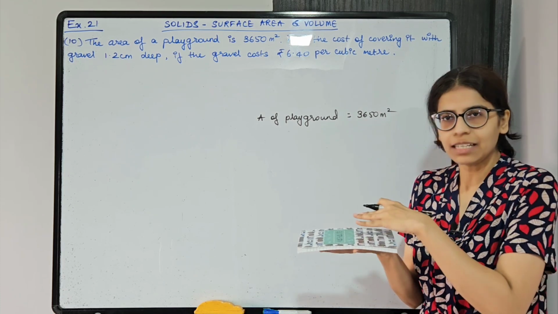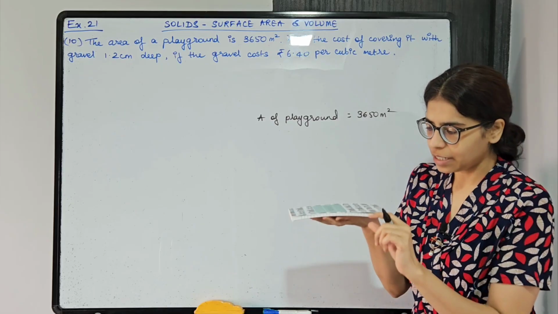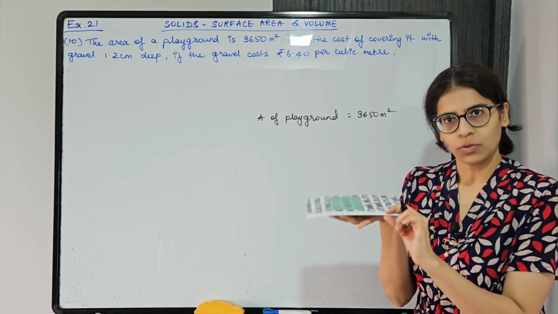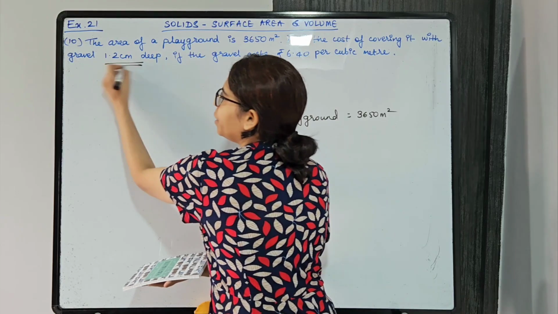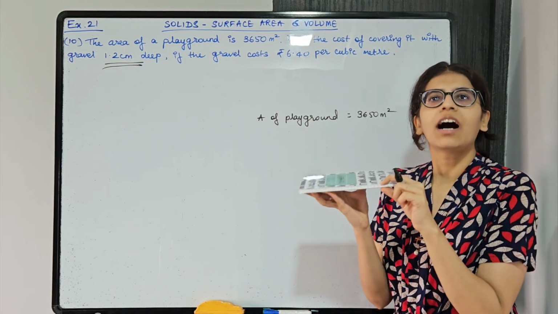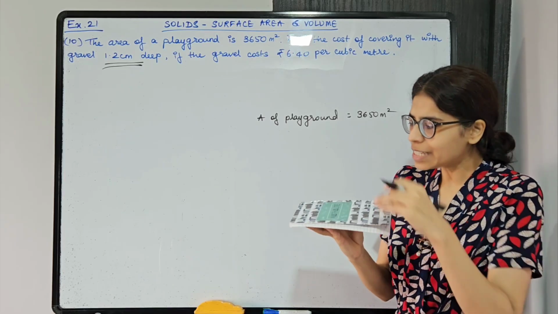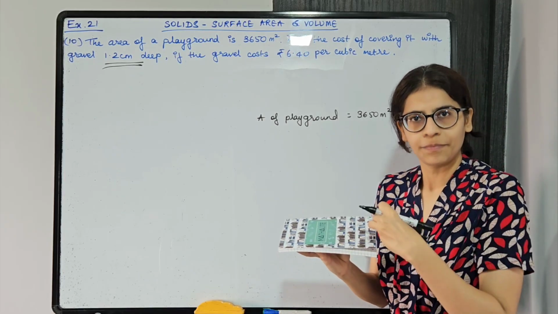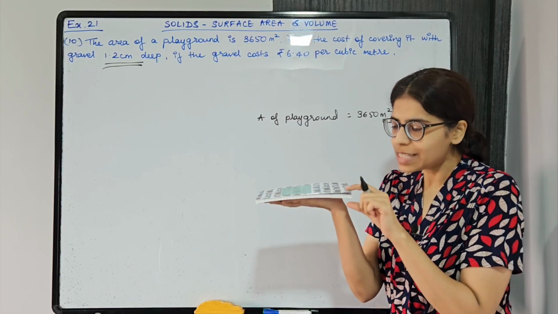Let's say the playground has been gravelled, the whole stones have been laid, and this is the height of the stone. So the height or depth of the gravel is 1.2 centimeter and it is covering the entire area with some height.